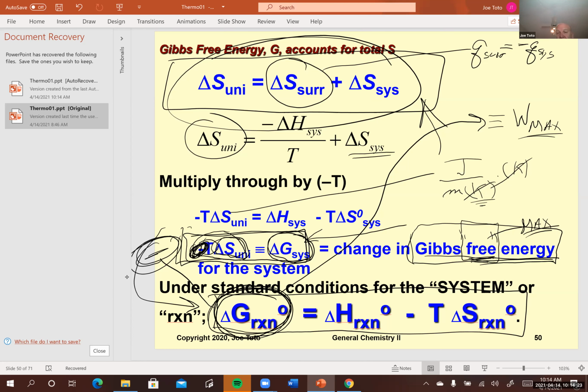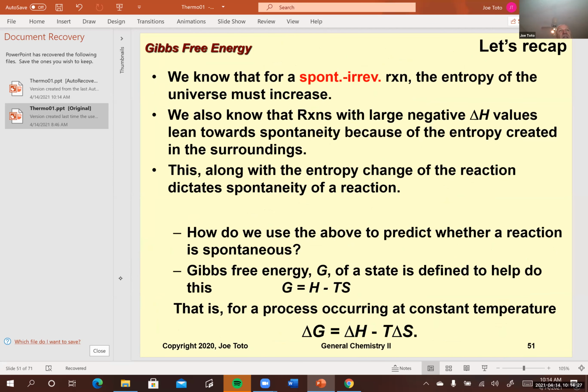Okay. And all those other things that we said are true as well. In other words, if delta G comes out positive, that means that process or that reaction is non-spontaneous, but the reverse is spontaneous. So it's got important consequences, the signs for which way a reaction's going to go.